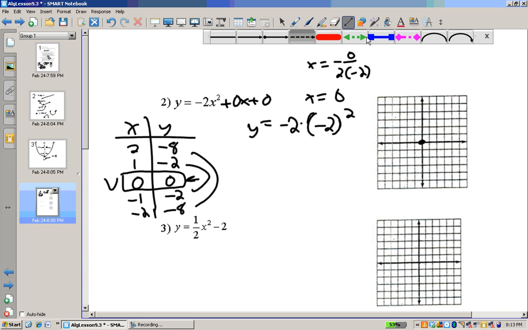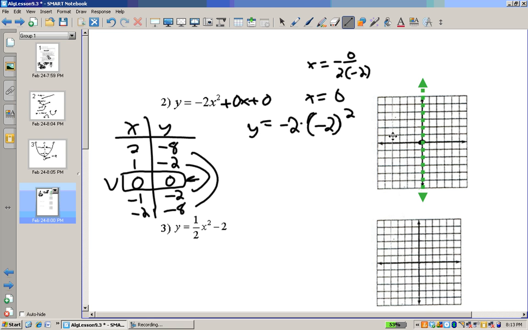And again, that's going to also be my line of symmetry. We're going to graph these, 0, 0, 1, negative 2, 2, negative 8. And again, because this is a line of symmetry, count 1 to the line of symmetry and 1 on the other side. 1, 2 to the line of symmetry, 1, 2 to the other side.